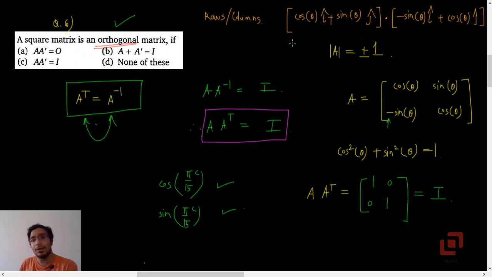If you take the dot product of its rows, it will be minus sine theta cos theta plus sine theta cos theta, which is 0. Now you know that both sine theta and cos theta cannot be 0 simultaneously, which means these vectors are perpendicular to each other.